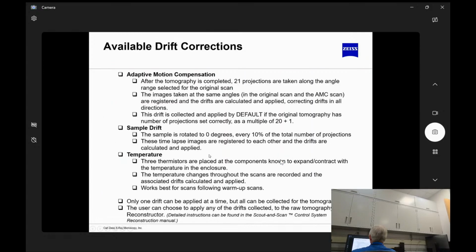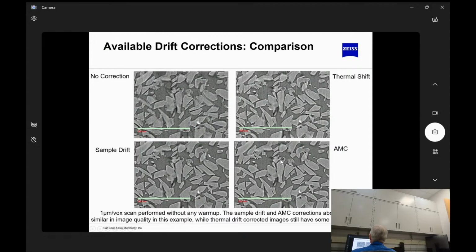High resolution imaging, sample drift. In the Versa, scans do take quite a while. We're not talking about 5-minute scans here. We're talking at least half an hour and probably an hour, sometimes 3 or 4 if we're stitching together a bunch of stuff. So I want things to be fairly stable over time.